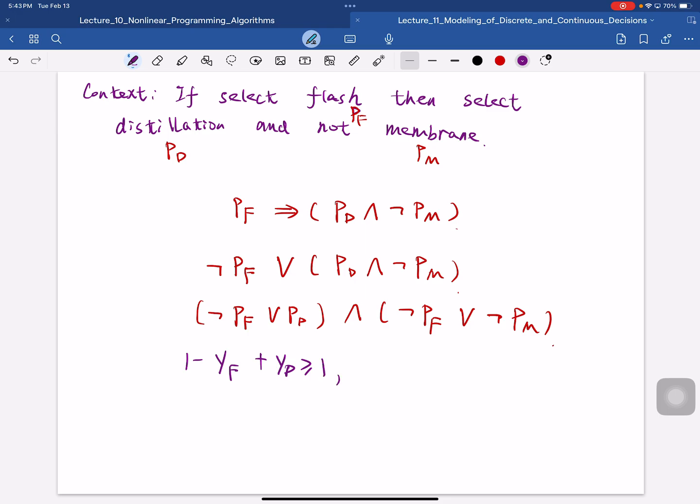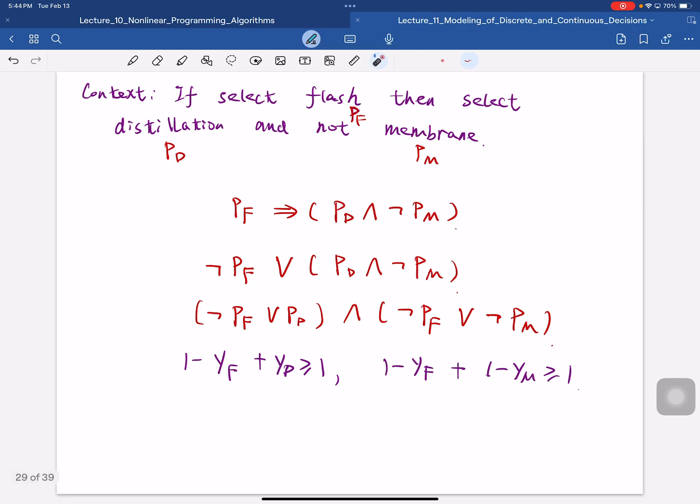Then you have 1 minus YF plus 1 minus YM greater than or equal to 1. So if you enforce these two constraints in your optimization problem, then it will satisfy these logic constraints.